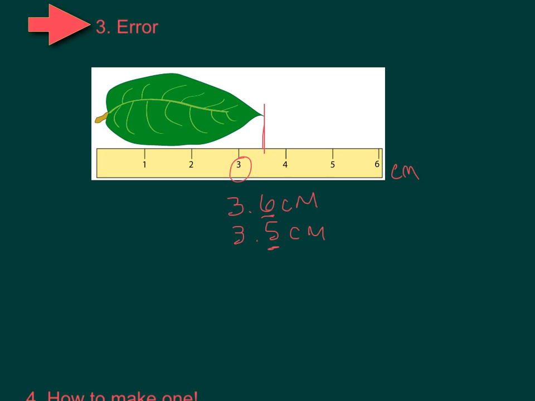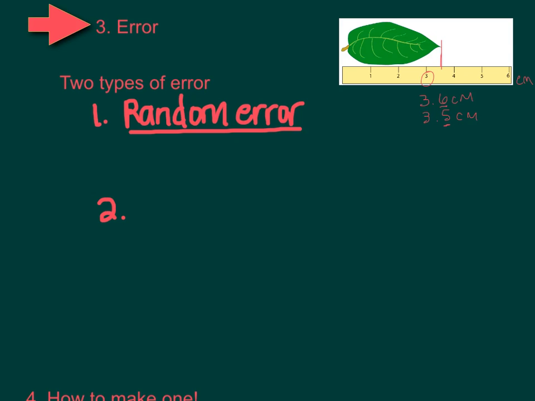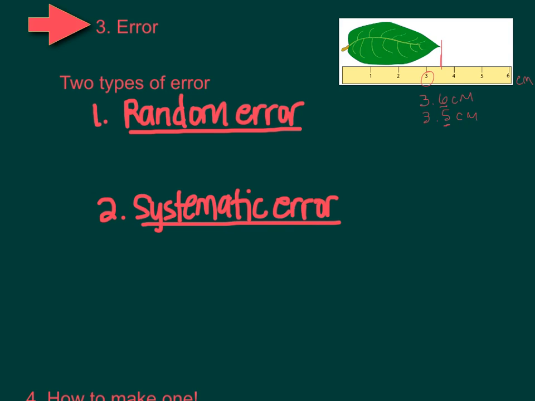In fact, there are two sources or two types of error that you're going to find in measurements. The first type is called random error, and the second type is called systematic error. Random error is what just happened here. Random error is human error.